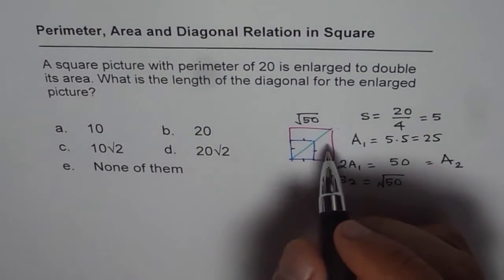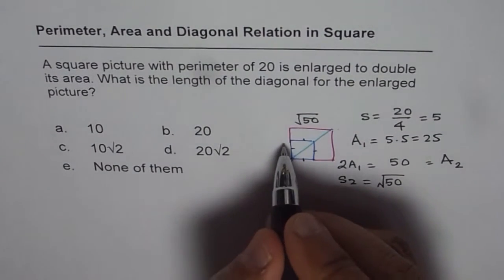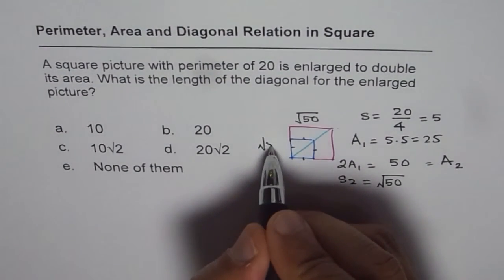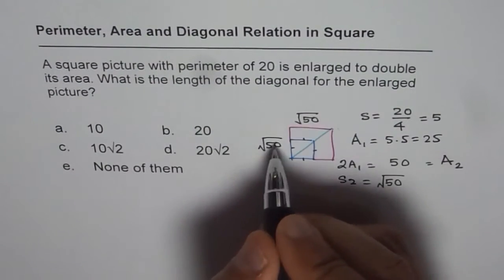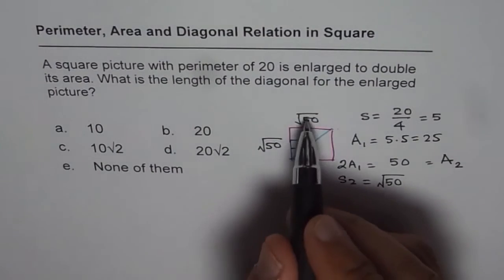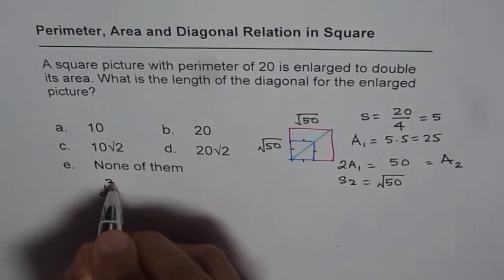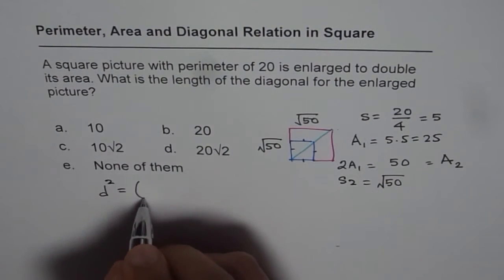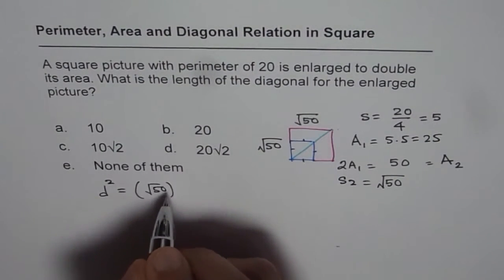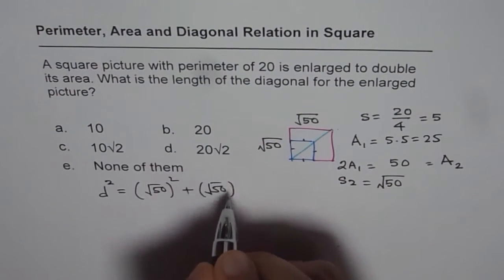Now we need to find the diagonal. So we know this length, since it is a square, all sides will be square root of 50. Diagonal will be the sum of squares of these, right? Let's say diagonal D square is equal to square of root 50 plus square of root 50, correct?